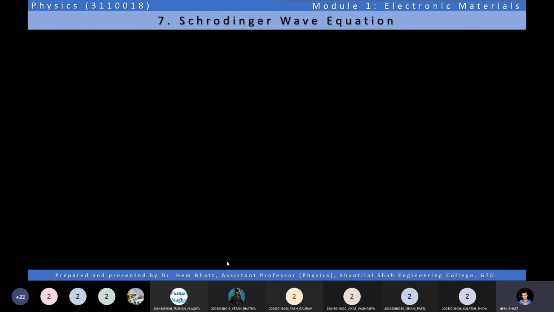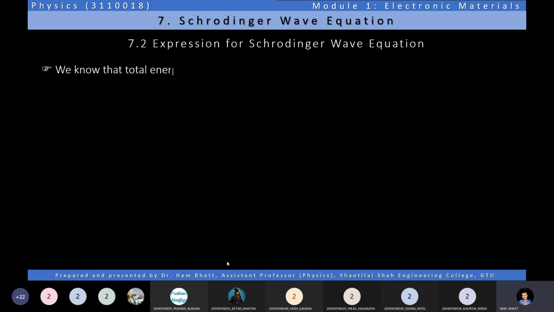So how to derive Schrodinger equation? We know that total energy E of a matter particle can be given as E is equal to K plus U. What is E, what is K, what is U?